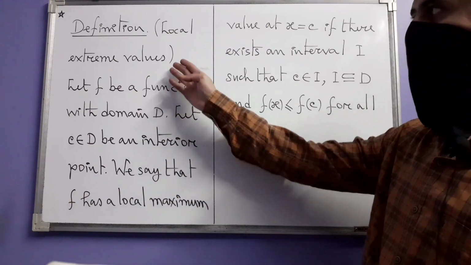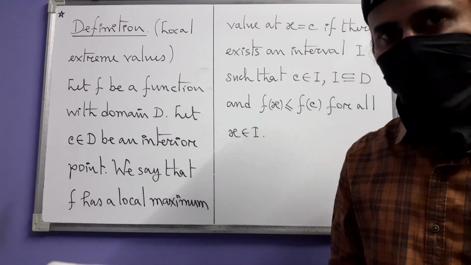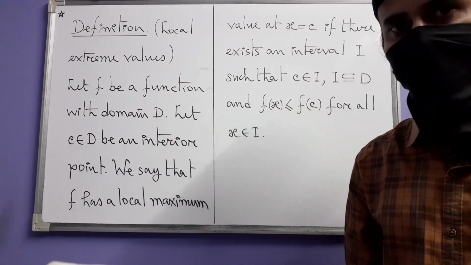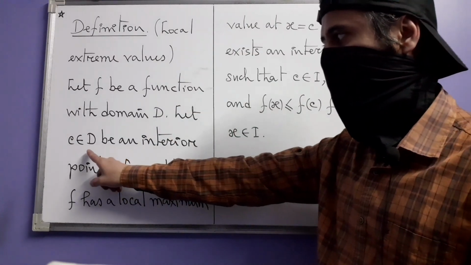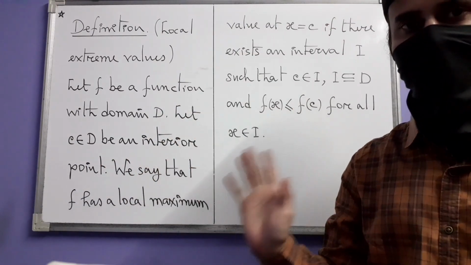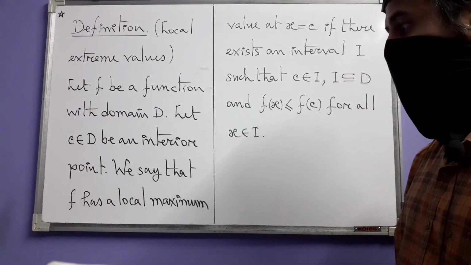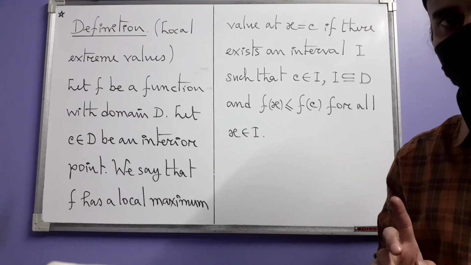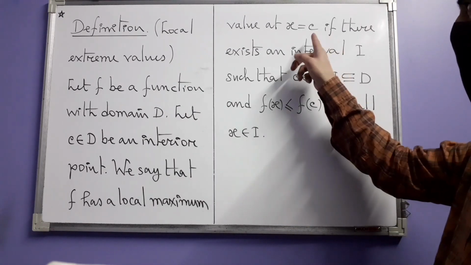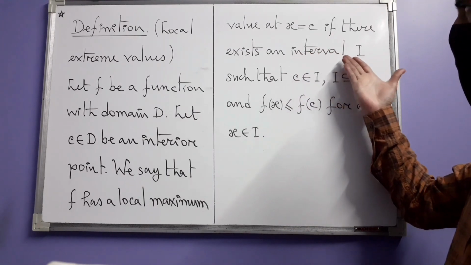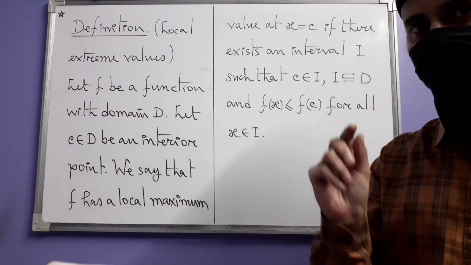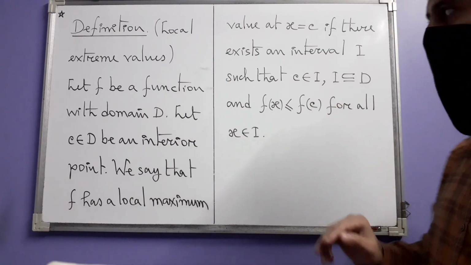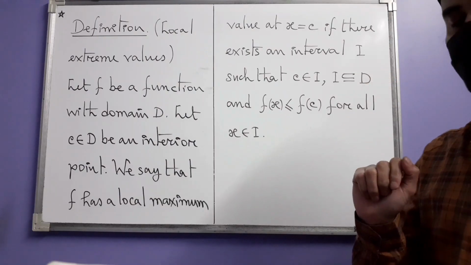And next we see the definition of local extreme values. Again, let f be a function with some domain D, and this time let c in D be an interior point of D. Then we say that f has a local maximum value at the point x equal to c if there exists an interval I. The type of this interval is not important, it may be open, closed, anything, but these are the conditions.